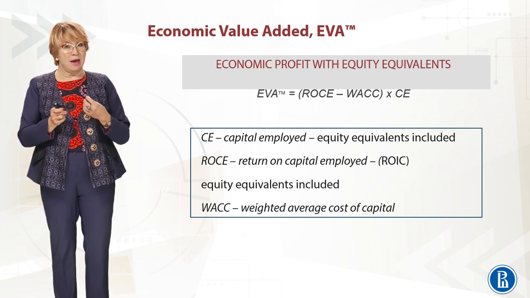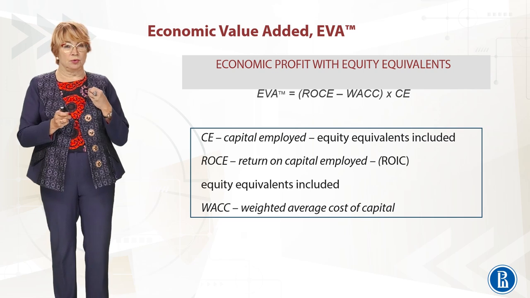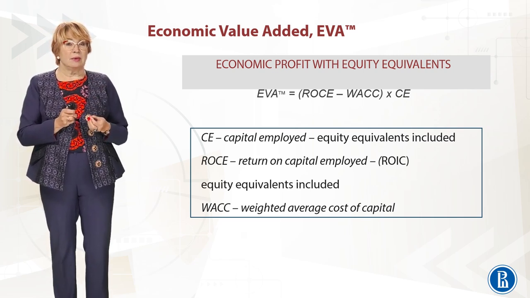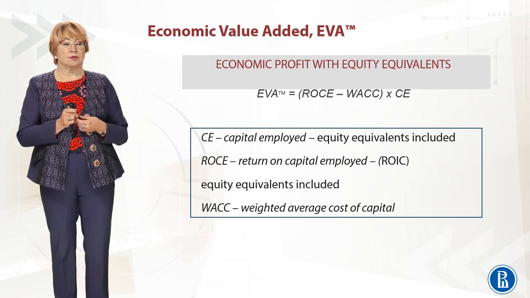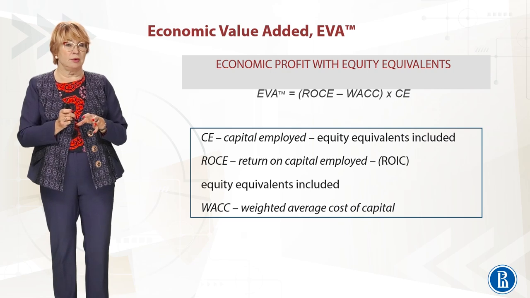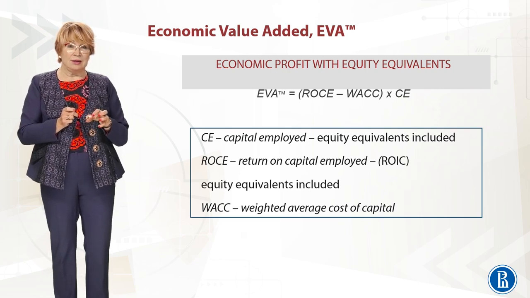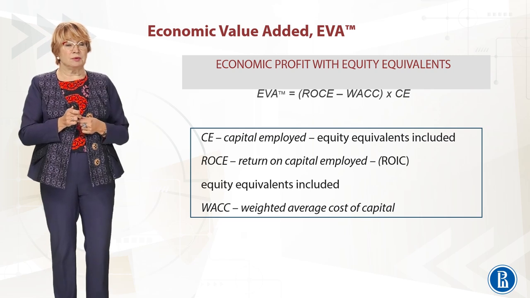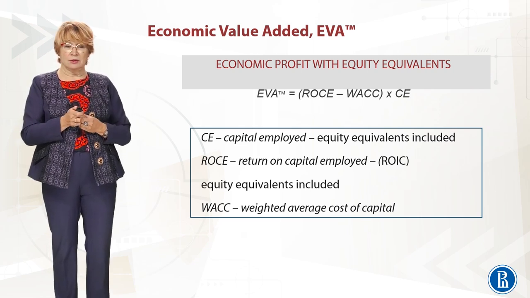And they are called equity equivalence, just to focus your attention that some resources are missing in the financial reports. Some of the resources already included in financial reports should be adjusted, and I will show you these different types of adjustments in a few minutes.